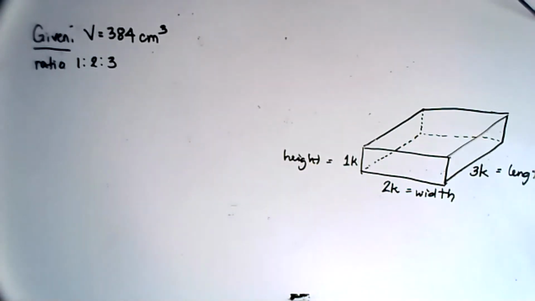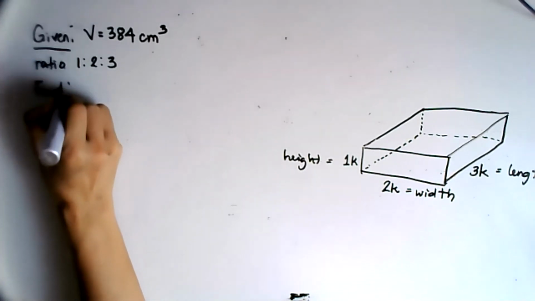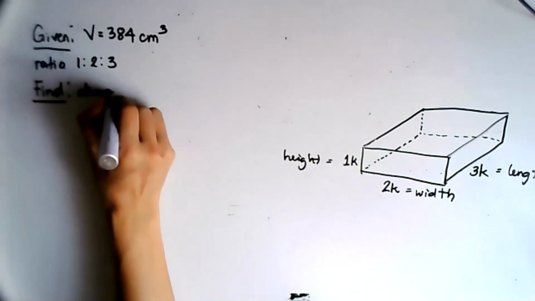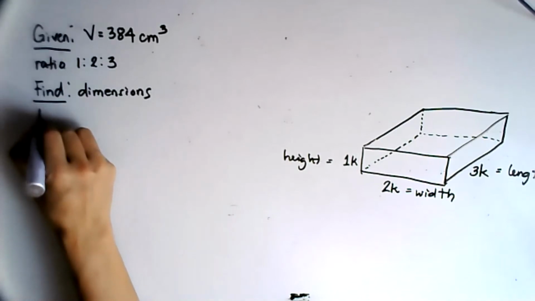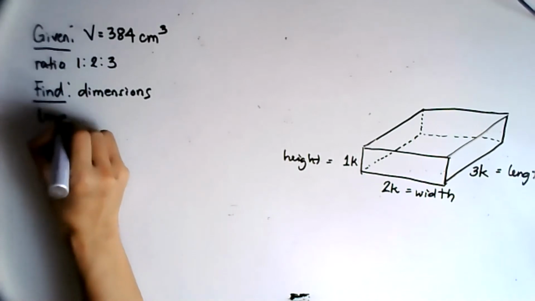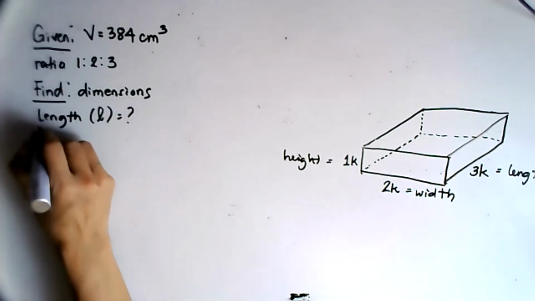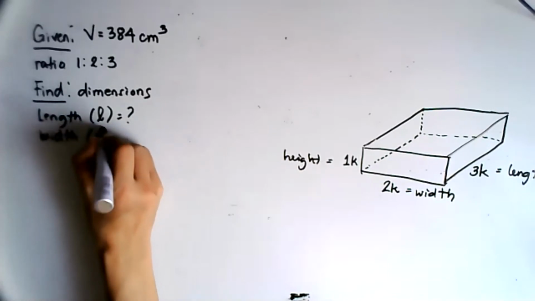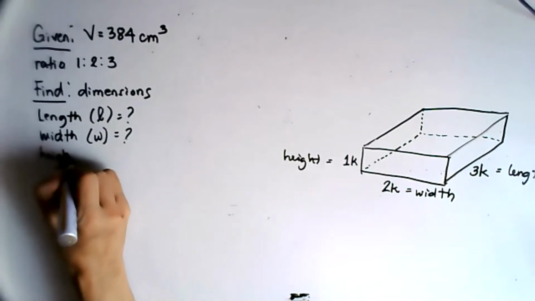So if you are going to find the volume of the rectangular solid, okay, we are going to determine what? The dimensions. So when you say dimensions, we are going to find the length. Let's say that is L. We are going to find the width. Let's say that is W. And we are going to find the height.